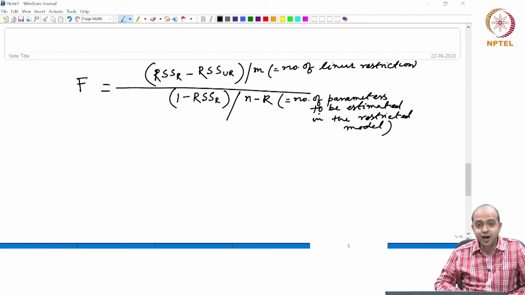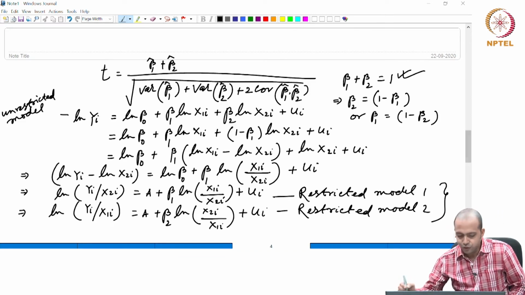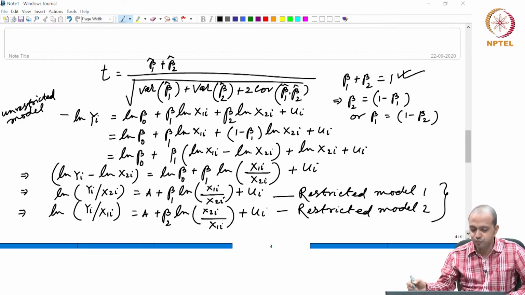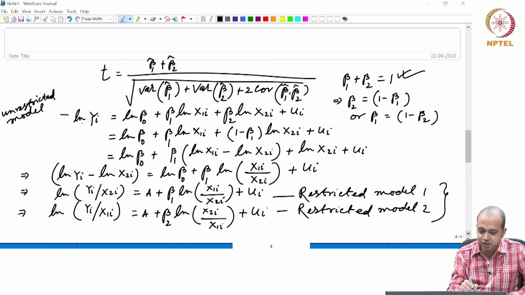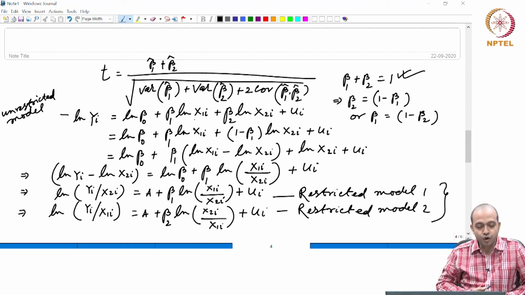If you compare the restricted and unrestricted models, in the unrestricted model what is your dependent variable? It is log of yi. But in the restricted model, the dependent variable is log of yi by x1i. So the dependent variable of the two models is not the same. And when the dependent variable is not the same, please keep in mind that R square is not comparable.